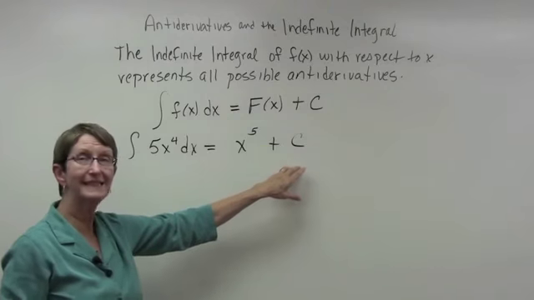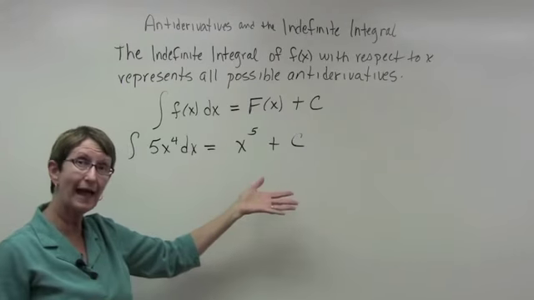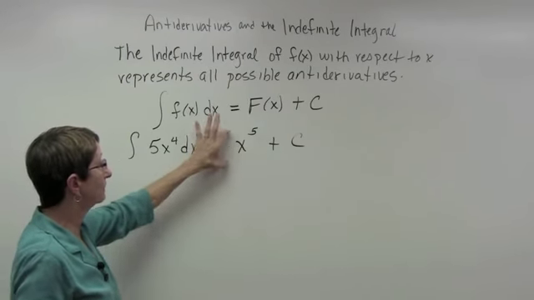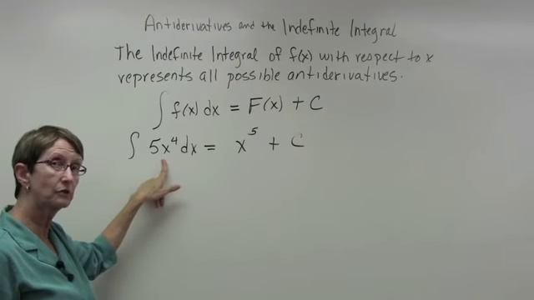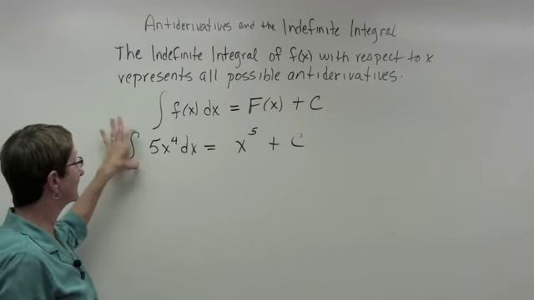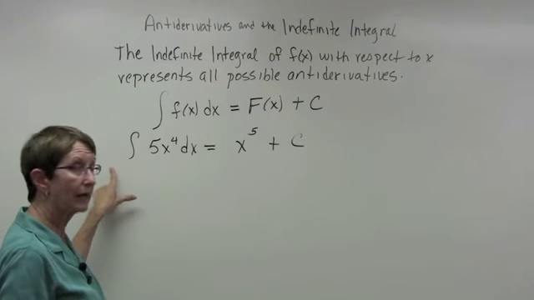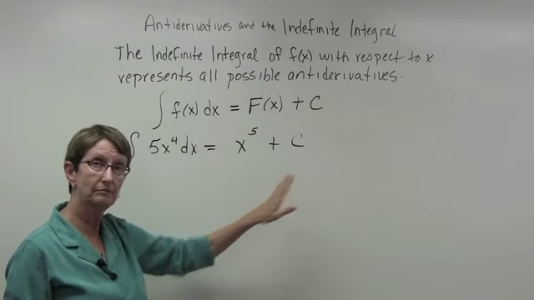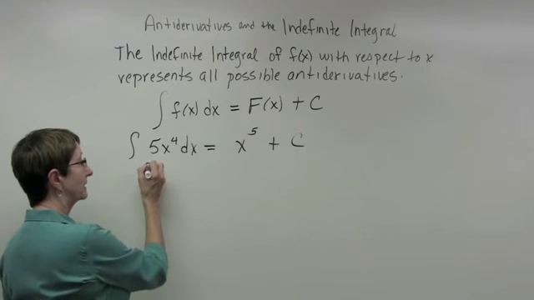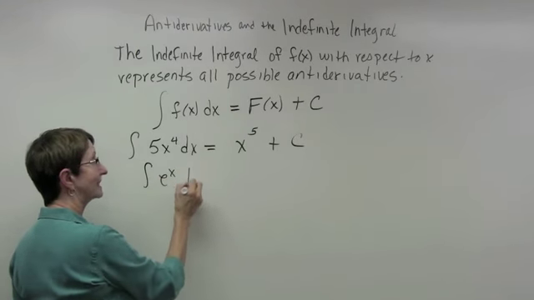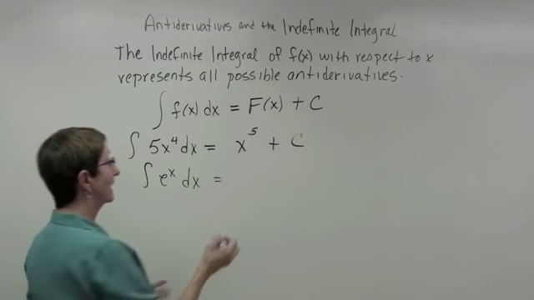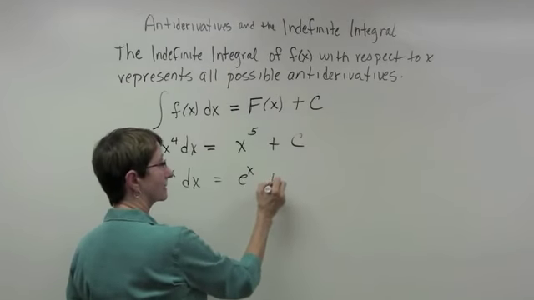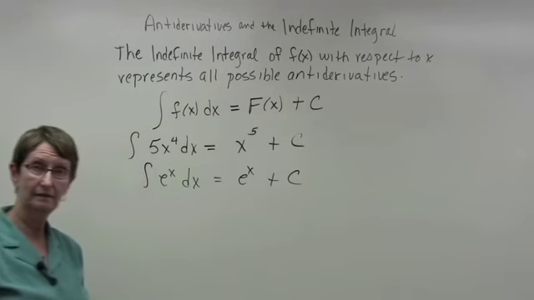By putting a plus c to represent whatever constant you have, that means if you take the derivative of all of this, you'll get back to 5x to the fourth. So whenever there's an integral sign, there has to be a plus c. The integral of e to the x dx is equal to e to the x plus c.